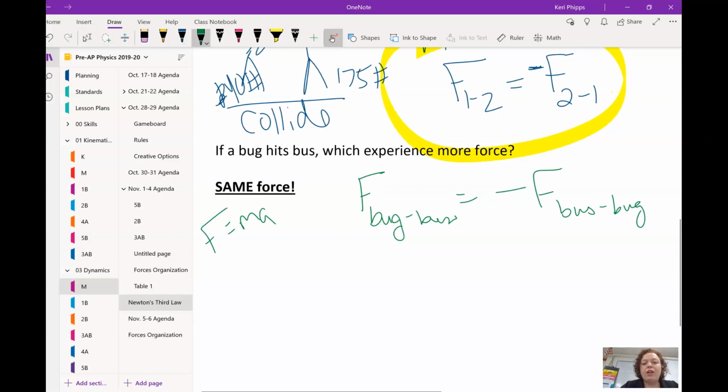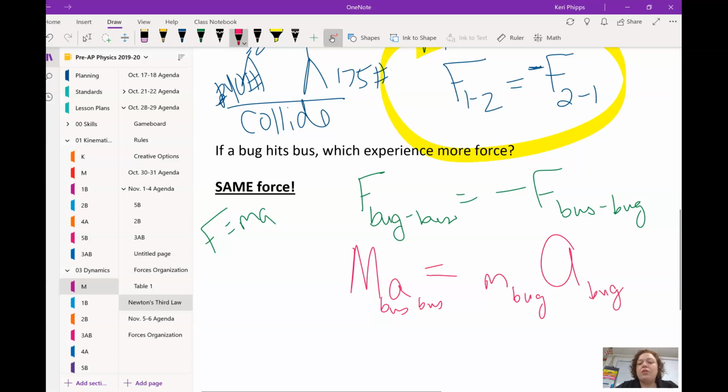If you've got a bug on the bus, that bus is a really big mass, so its motion doesn't change a lot at all. On the other hand, our bug is really, really tiny. As a result, it has an exceptionally big acceleration.